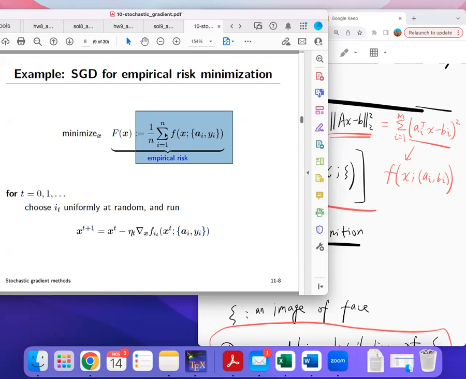I have in total n data samples, 1, 2, 3, 4, up to n. Every iteration t, I choose an index i_t uniformly from 1 to n. I just randomly pick one index.